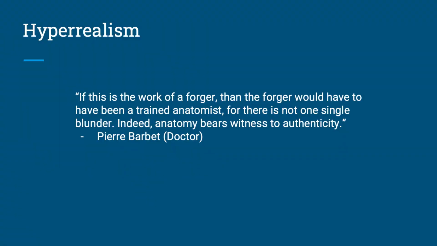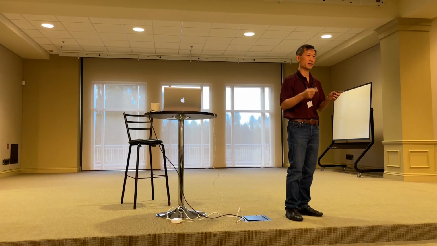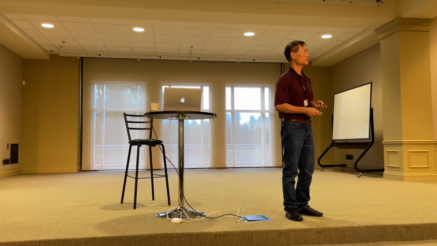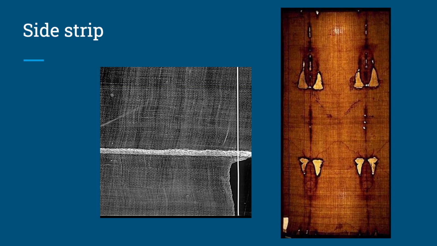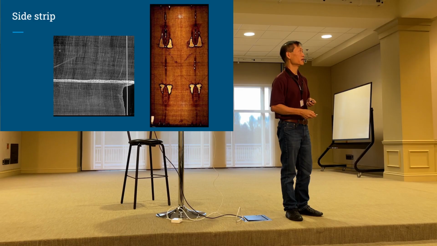The image is hyperrealistic, so it is not like someone just drew this or painted it. It looks anatomically perfect. We talked about the side strip. There's about a 3.5 inch wide strip along the left side over here, and it has been reattached through a seam like this, which is a seam that is found in Masada.